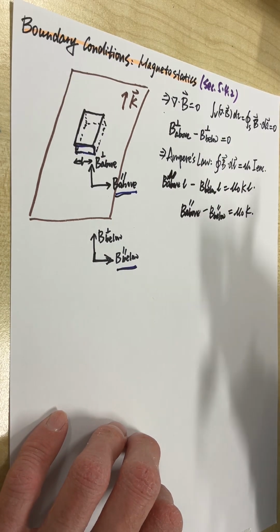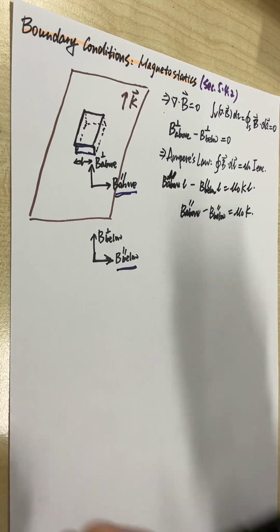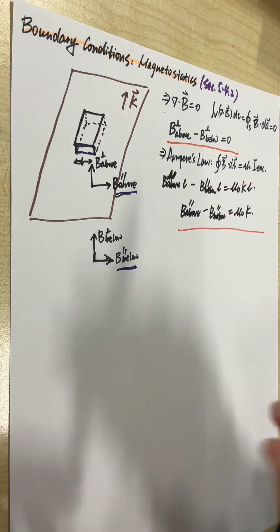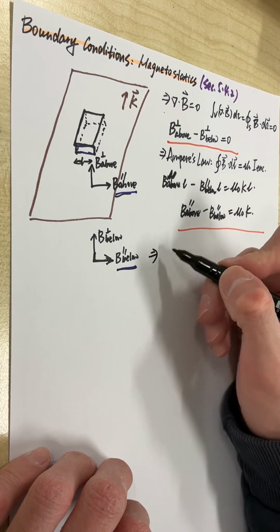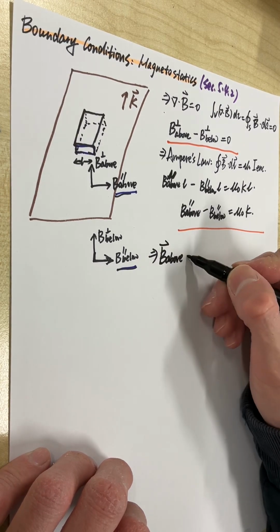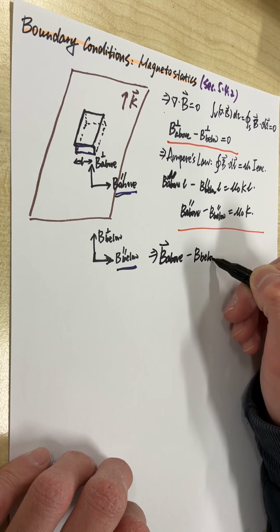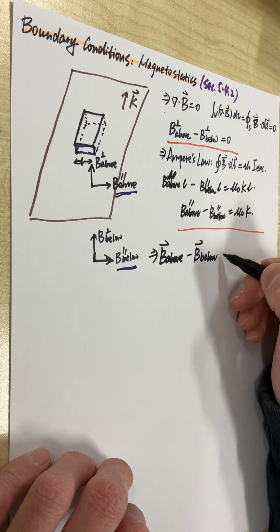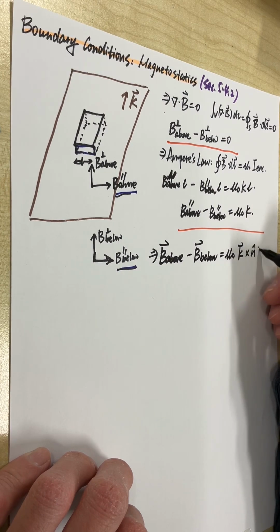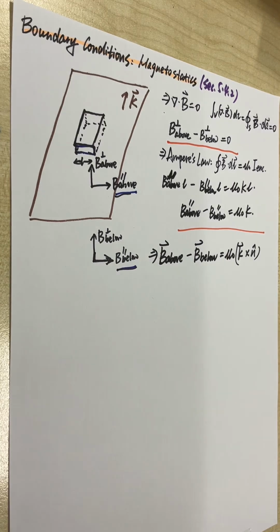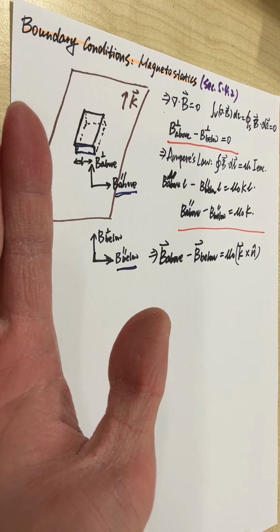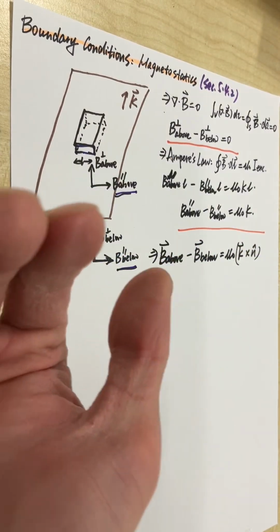This is the first boundary condition. So in summary, if we express both of them in vector form, we have B above vector minus B below vector equal to mu 0 and then K cross N. So the current is flowing that way, and N is perpendicular to the surface.